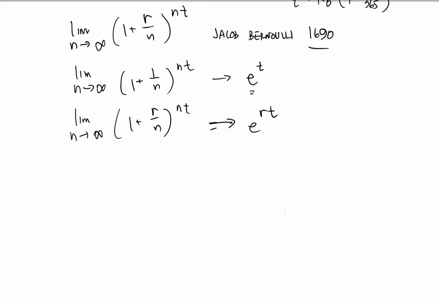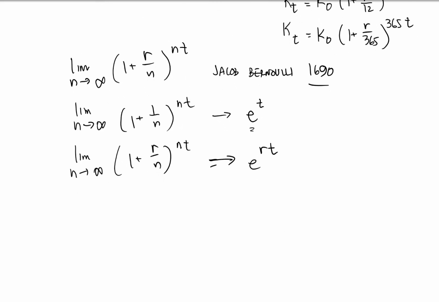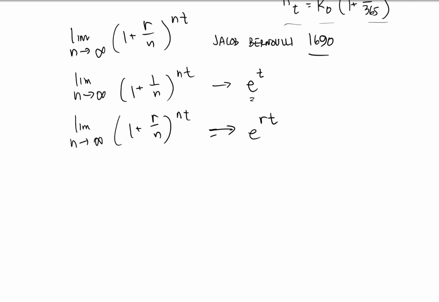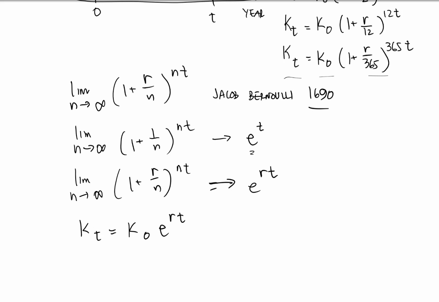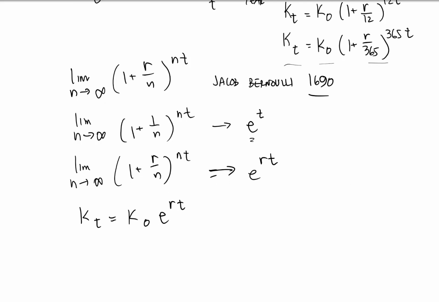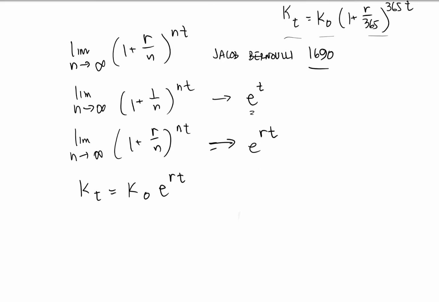So this describes a model of growth where we said that K(t) equals K0 e to the rt. There is our 1 plus r over some number, times that some number times t. If I keep going to smaller and smaller time periods, then we approach e to the rt.